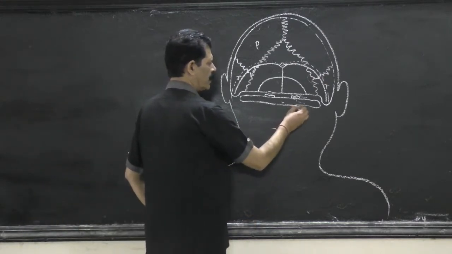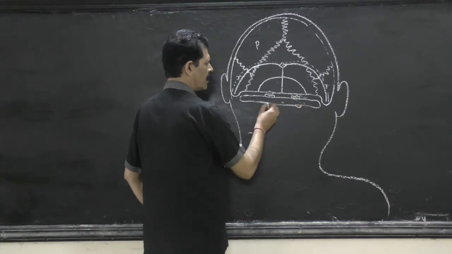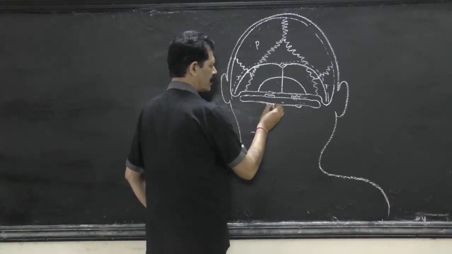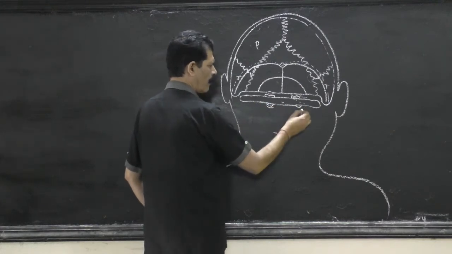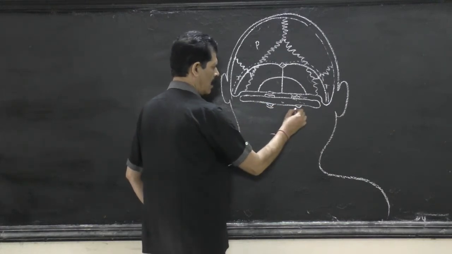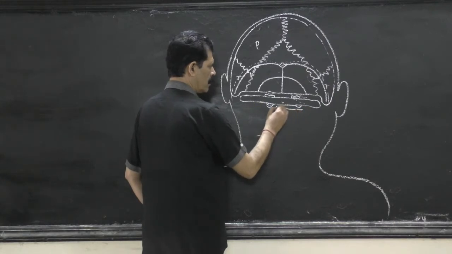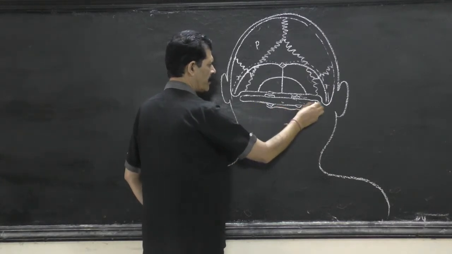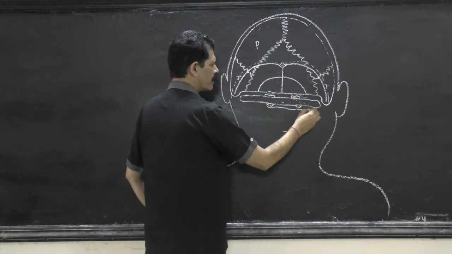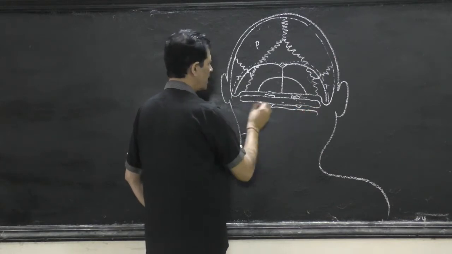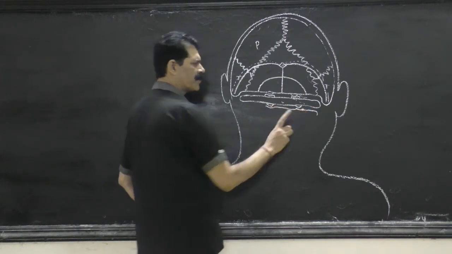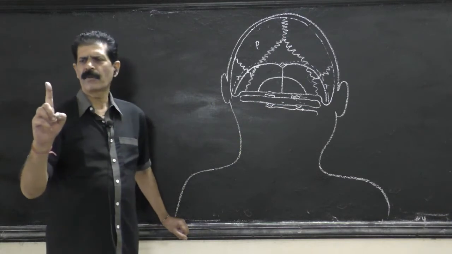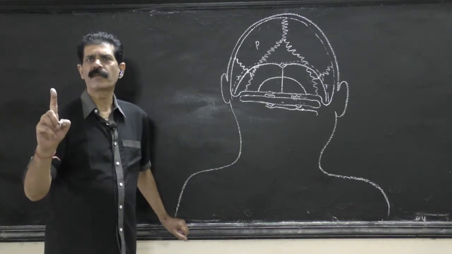Then below here is the convex inferior articular facet of the atlas, and it is received by the concave oval articular facet of the second vertebra, that is C2, the axis vertebra, an example of a pivot joint. In the pivot joint, what happens? One bone remains stationary and the other moves around it.